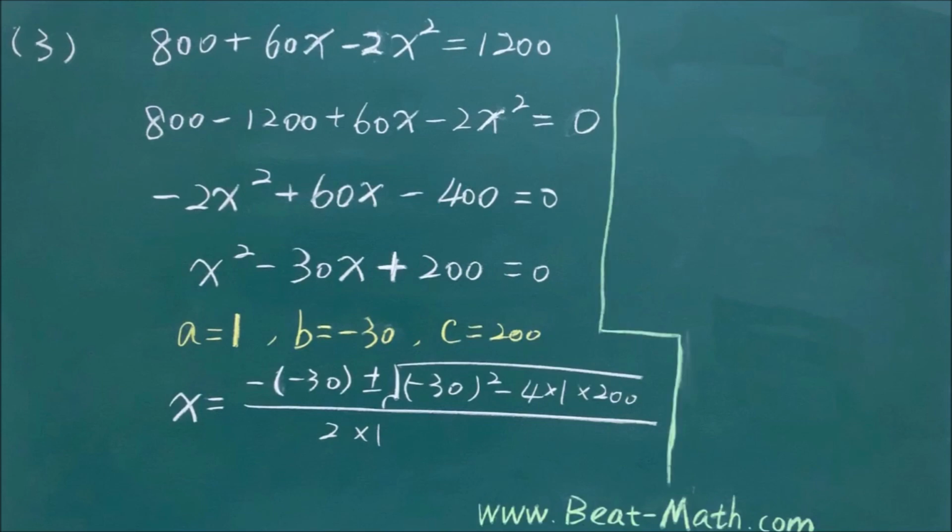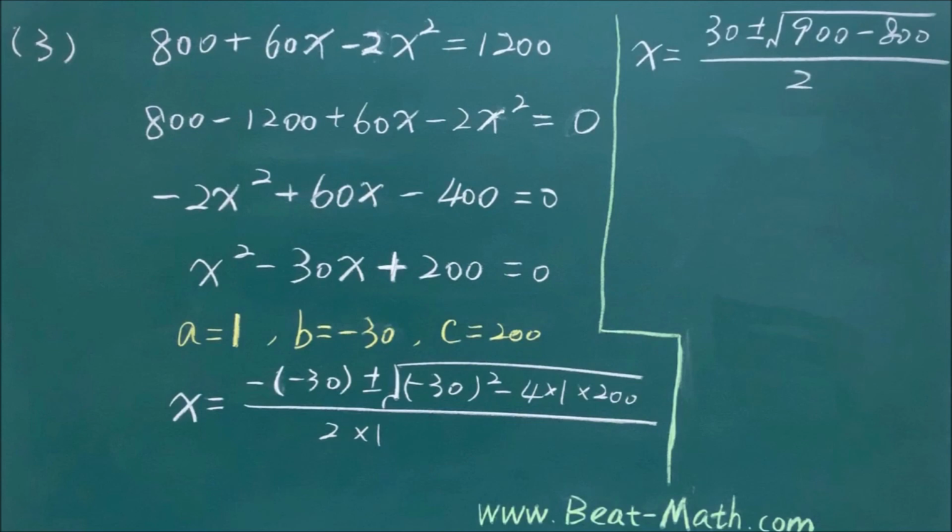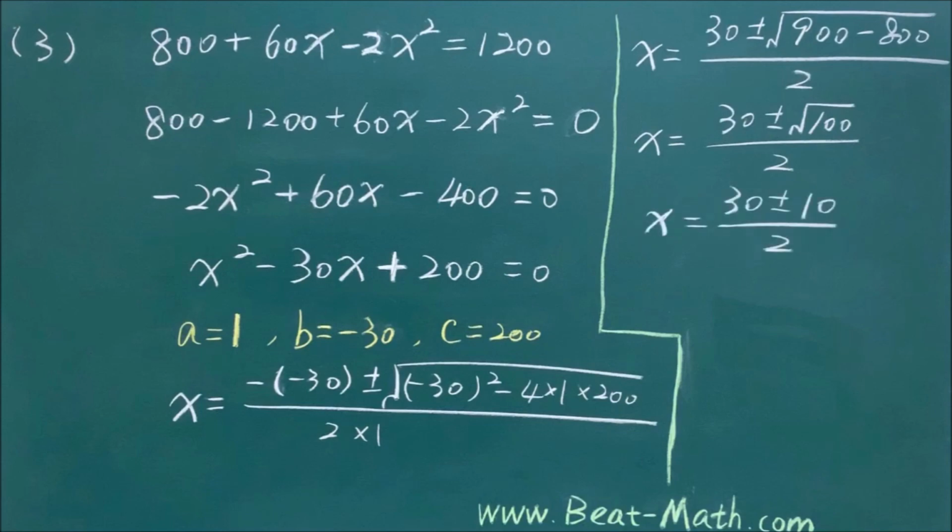Then x equals 30 plus or minus the square root of 900 minus 800, divided by 2, equals 30 plus or minus the square root of 100, divided by 2. 100 is the square of 10, so x equals 30 plus or minus 10, divided by 2. The solutions are x equals 20 or x equals 10.